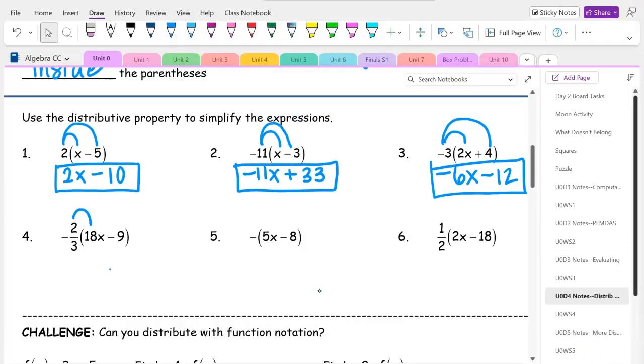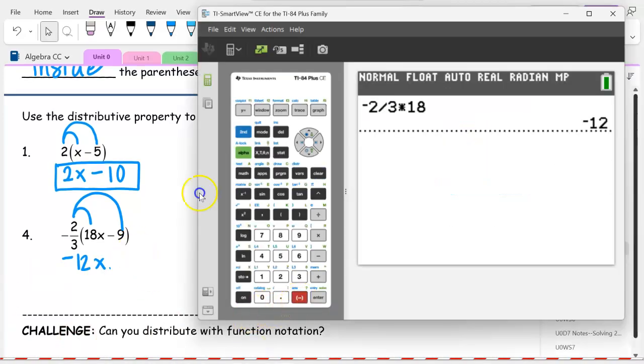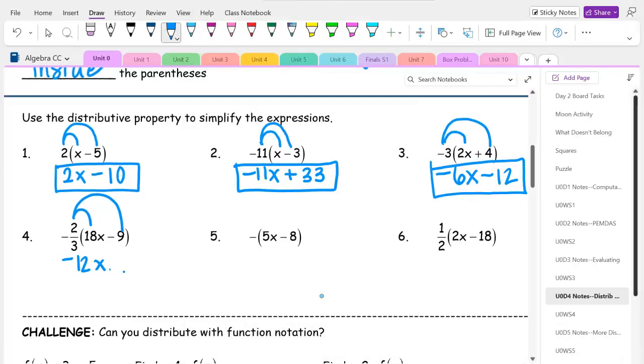All right, so because there's an x there, though, it's going to be negative 12x. And then we'll multiply again. Negative 2/3 times negative 9. Please be careful that 9 is a negative because of the minus in front. So when you type it in, make sure you have that negative as well. And that's a positive 6. So you want to make sure you put a plus 6.